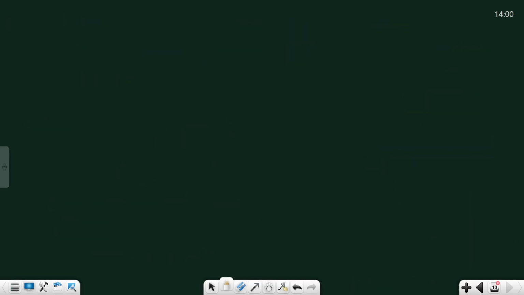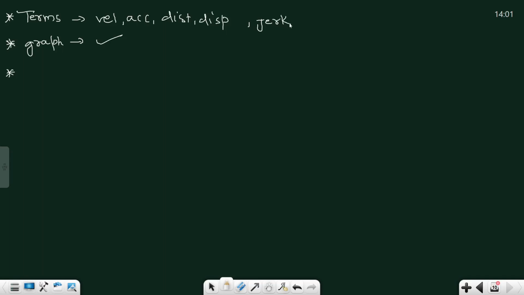Now, where did we leave our lecture? Do you remember? I think we have completed the terms, like velocity, acceleration, distance, and displacement. We were left with the equations, and graphs were also covered. The last topic was jerk. Graphs were covered: area under VT and AT graph, and slope of XT, VT, AT graph.